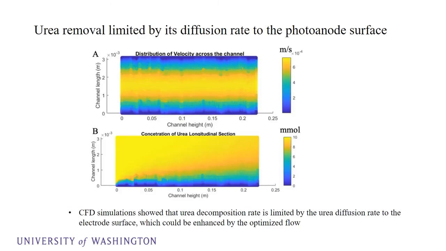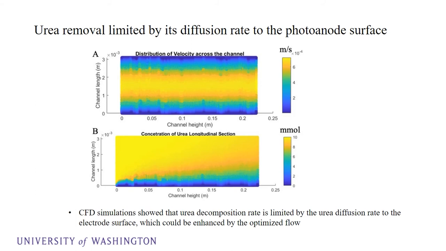We have also done a lot of simulations to optimize the urea diffusion to the electrode. What you can see here in figure A is the distribution of velocity over the spacer or the channel. The y-axis direction is the flow direction. The y-axis direction, that's the thickness of the device.